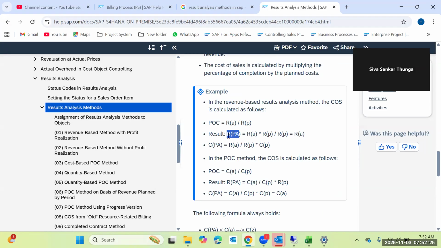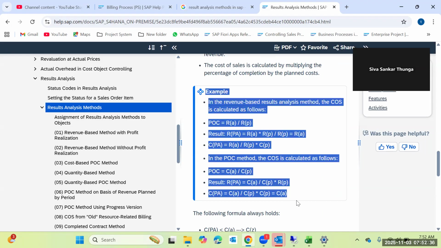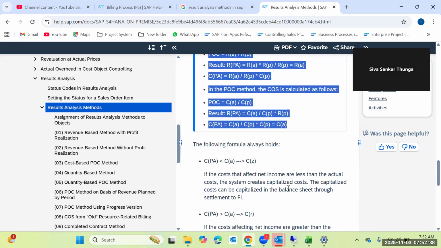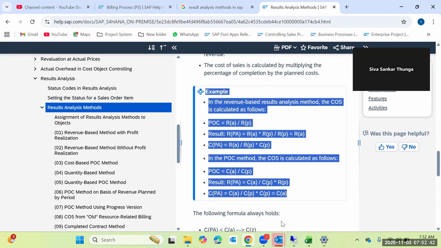The result is, what is this? Revenue affecting net income, right? Yes, sir, revenue affecting. So let me keep this formula as it is, for the revenue based method.